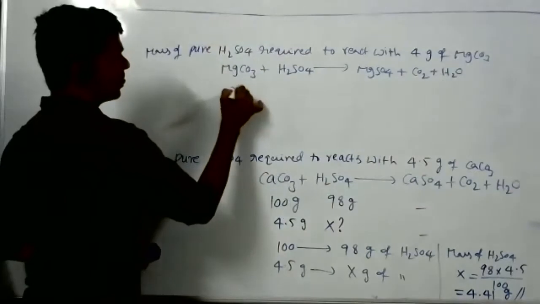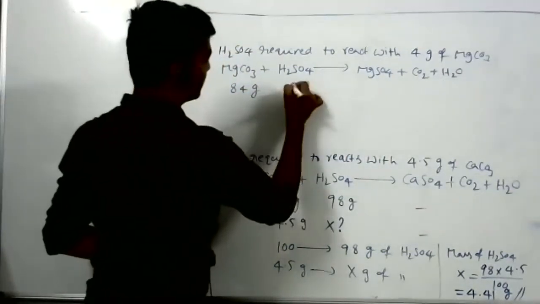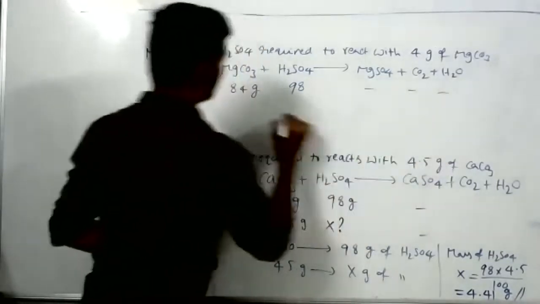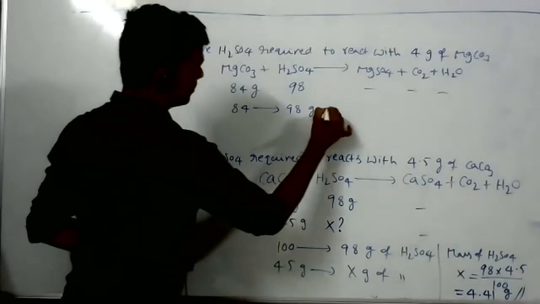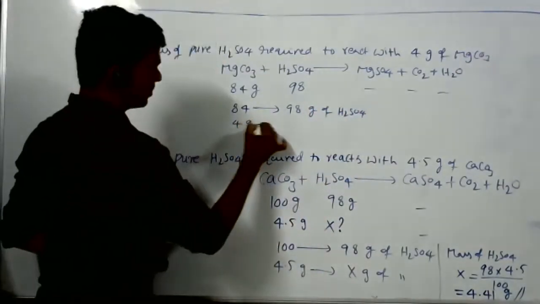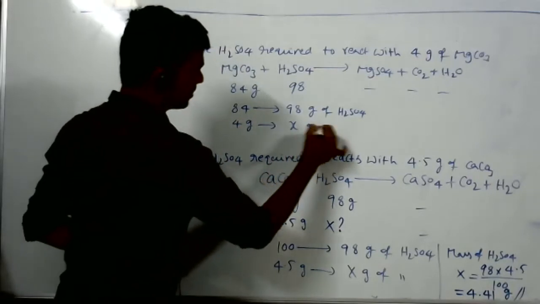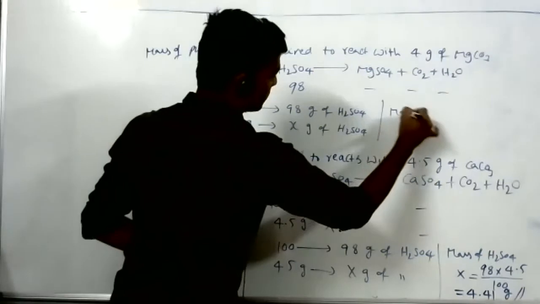The mass of magnesium carbonate is 84 grams and H2SO4 is 98 grams. So 84 grams reacts with 98 grams of H2SO4, and 4 grams reacts with X grams.